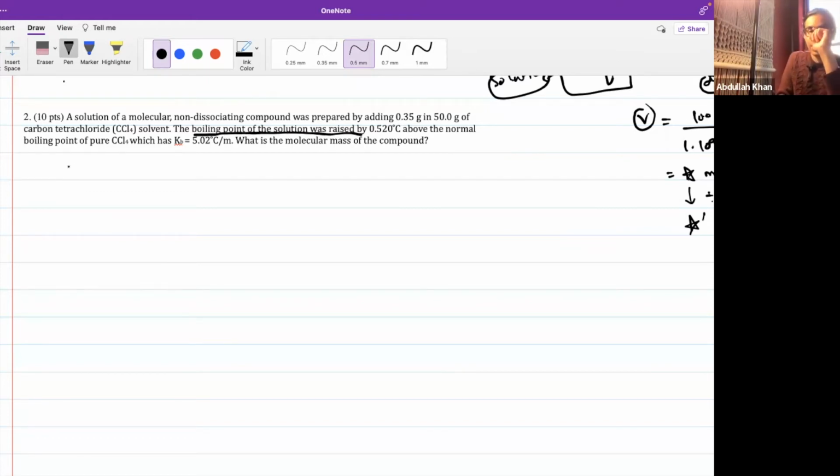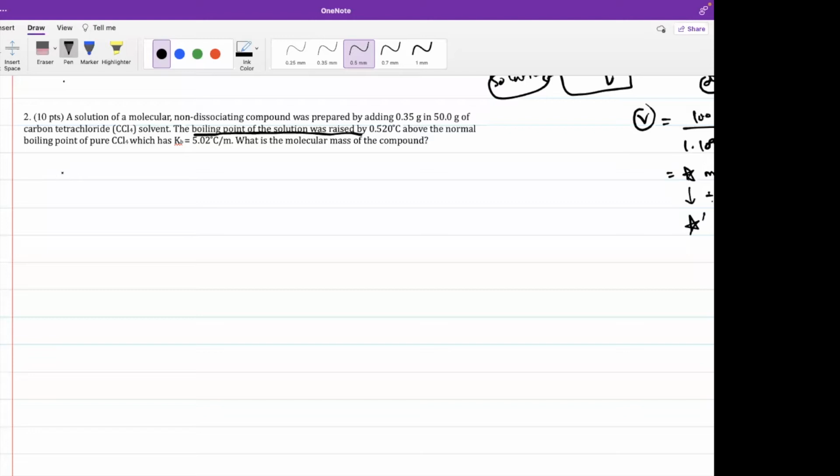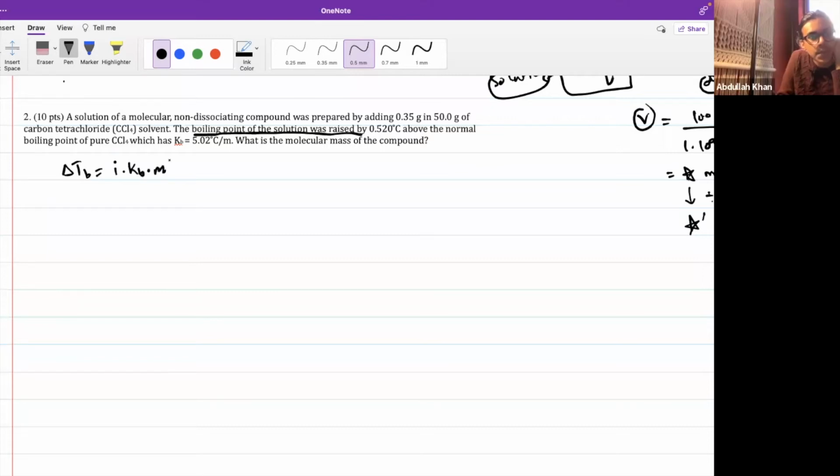This is the second chapter, right? It would be the change in TB equals I times KB times M. Good. KB times M. Awesome. And like we said, delta is always going to be solution minus pure.